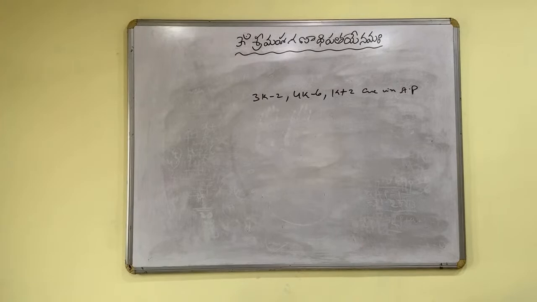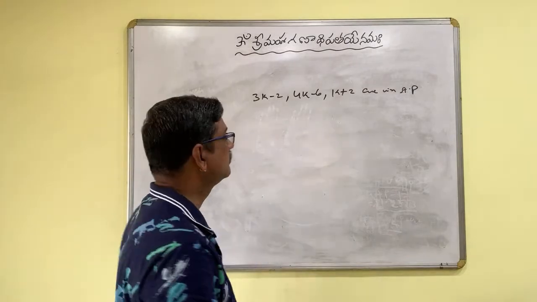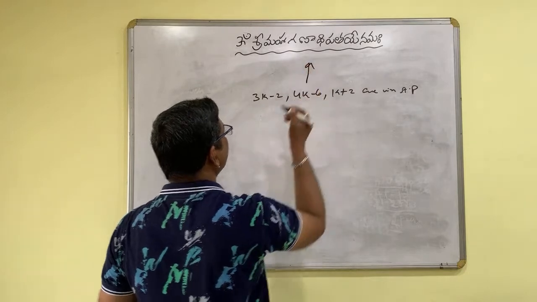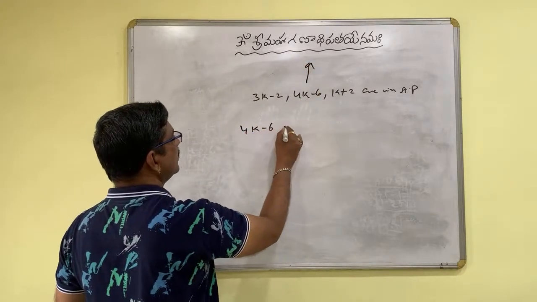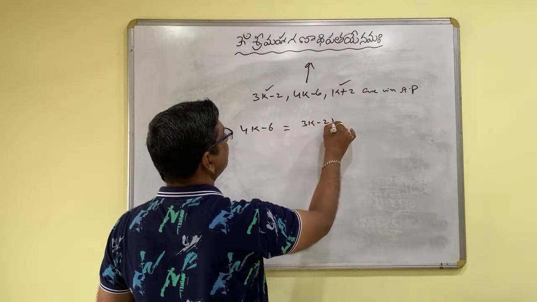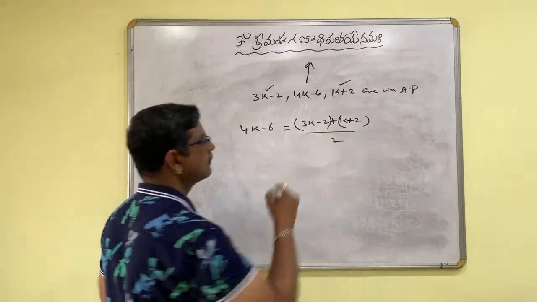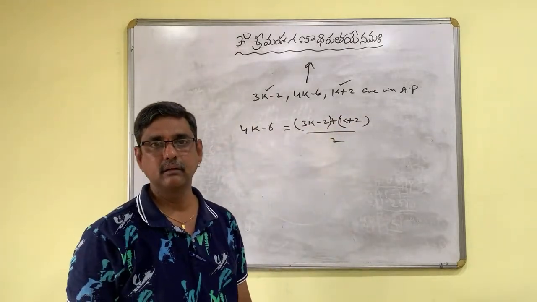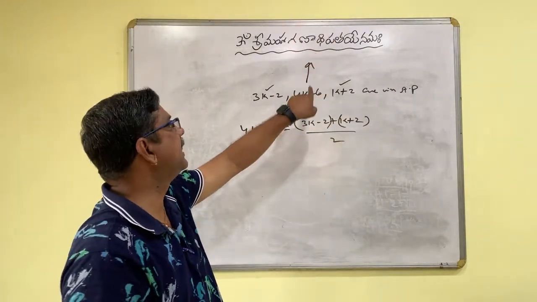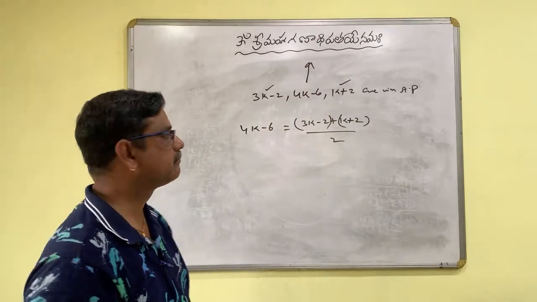Now, as I told you in the beginning of the class, when 3 numbers are in AP, the middle one is the arithmetic mean of the remaining two. I told you in the beginning, if three numbers are in AP, the middle one is the arithmetic mean of the remaining two.